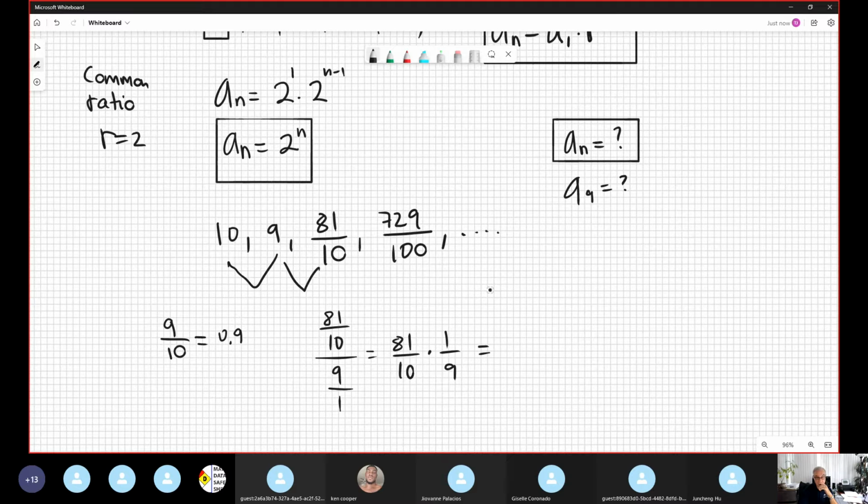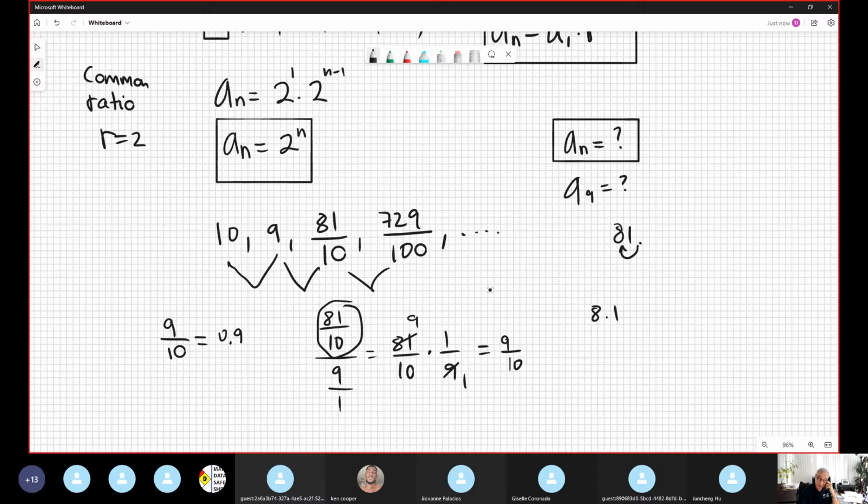81 divided by 9 is 9, so you get a little simplification. Again, we have 9 over 10. I encourage you to try the next exercise without complicating your life with fractions, just use a calculator. 81 over 10 is 8.1, moving the decimal point one place to the left.